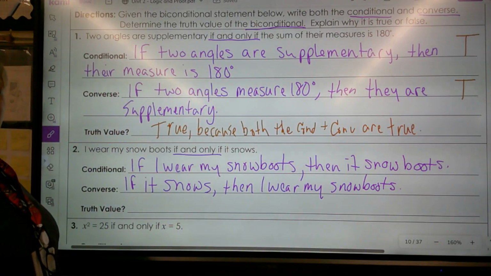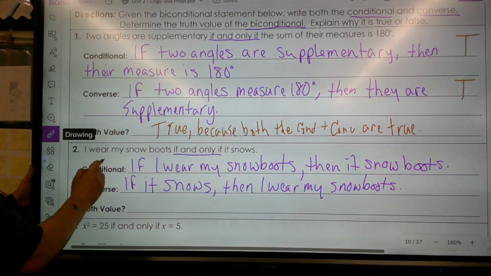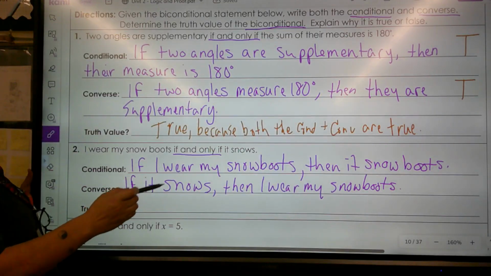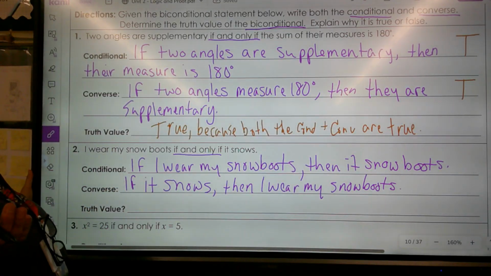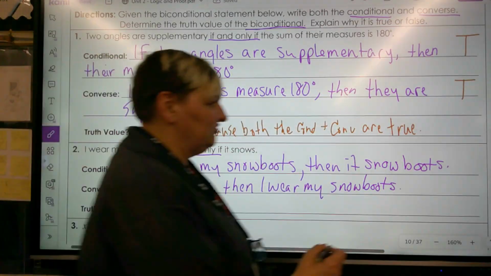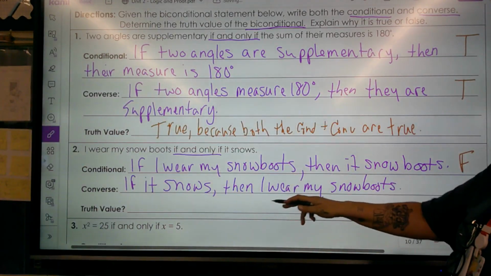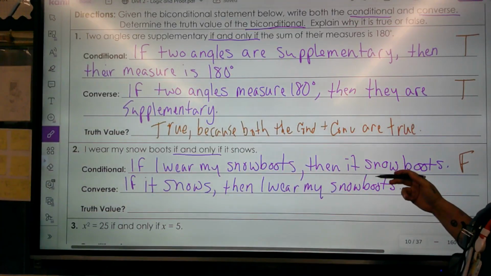Well, the second one sounds a lot more true. Let's think about it for a second. If I wear my snow boots, then it snows. Not always. Maybe sometimes, just coincidentally. But if it's not always true, then it's false. If it snows, then I wear my snow boots. Yes?